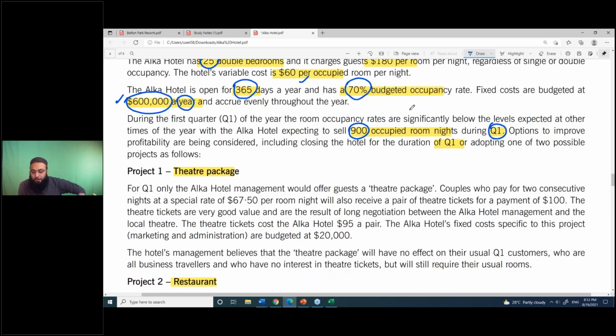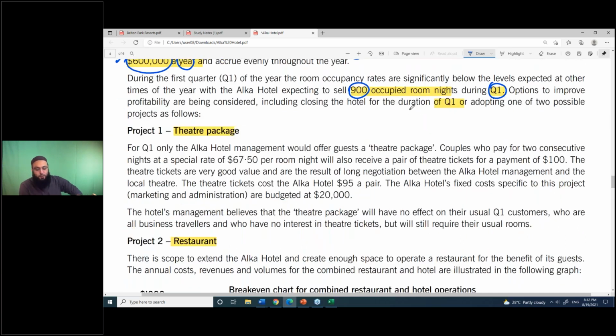For quarter one, if you don't discontinue, so they gave us two proposals, right? So they say for quarter one only. The Elka Hotel Management would offer guests a theater package.